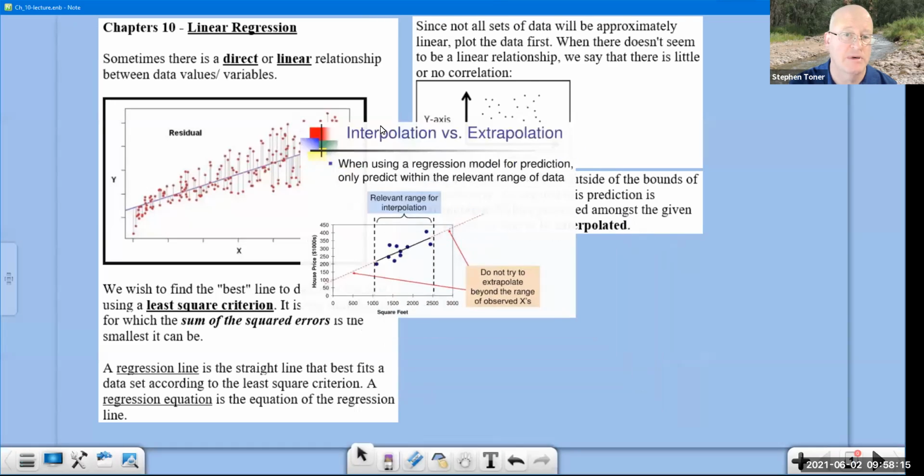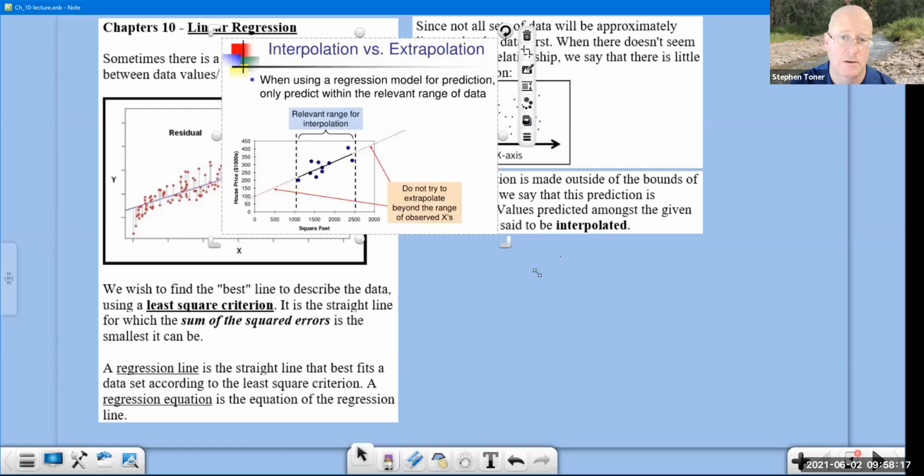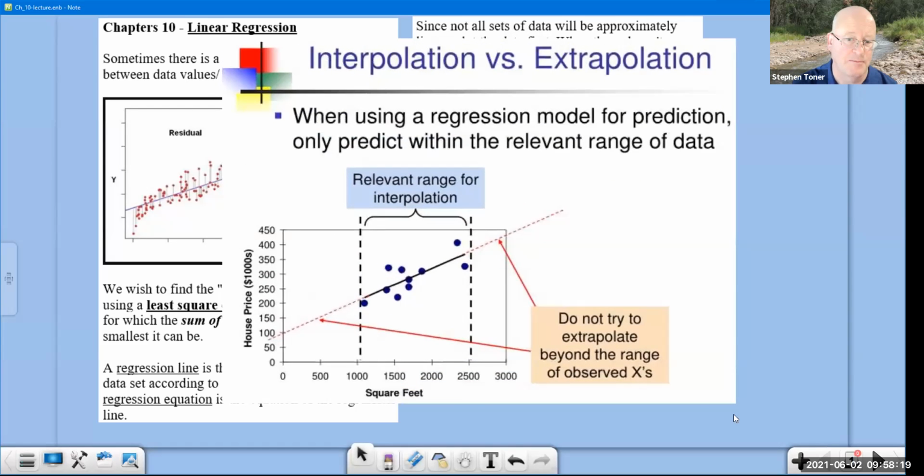Let me take this picture that I have here and make it a whole lot bigger for you to see. Our data values in this problem range between these two black dotted lines, between 1,000 and 2,500. That's the relevant range for interpolation. Any predictions we make within that interval are said to be interpolated.